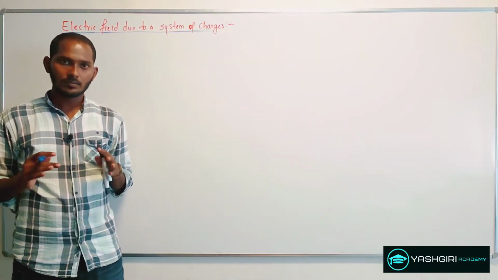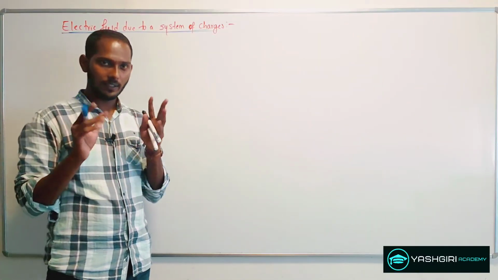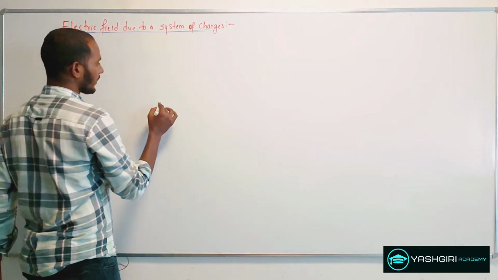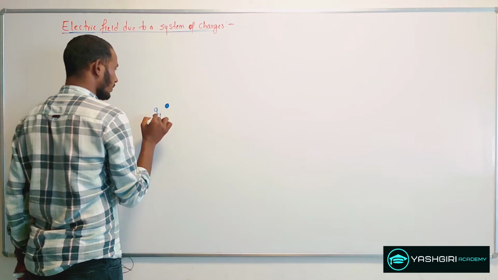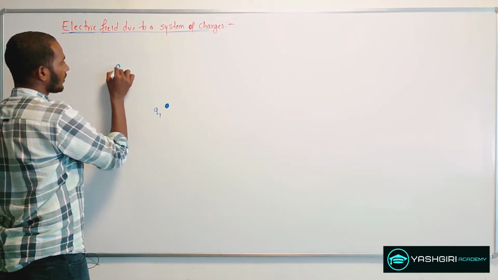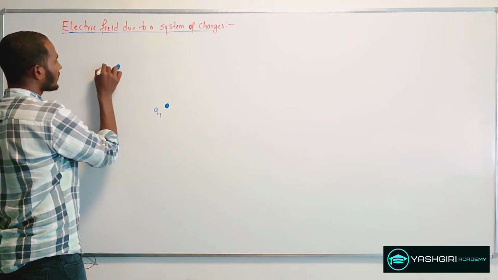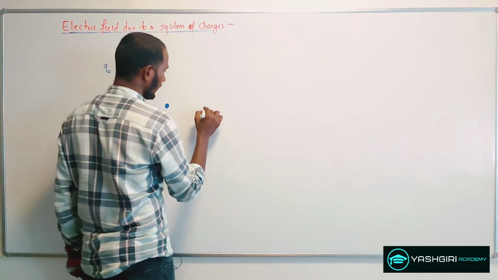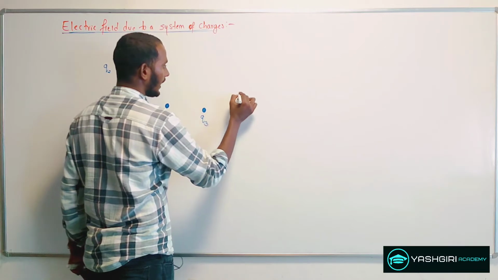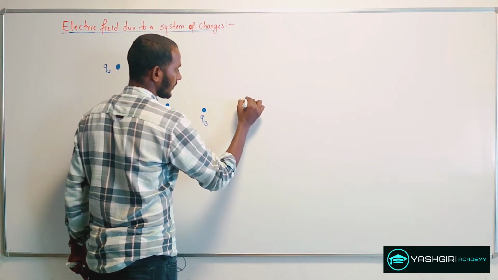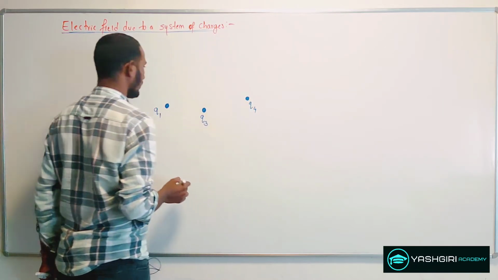Now let's consider a system consisting of 4 charges. So let this be my charge Q1. Let this be the other charge, say Q2, Q3, and a charge Q4.